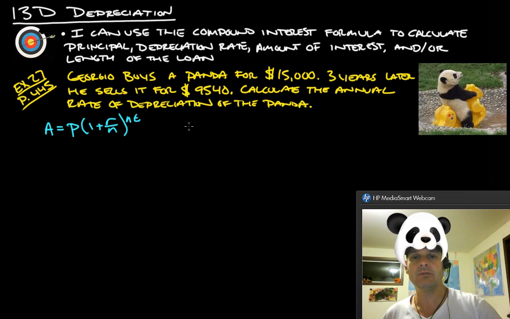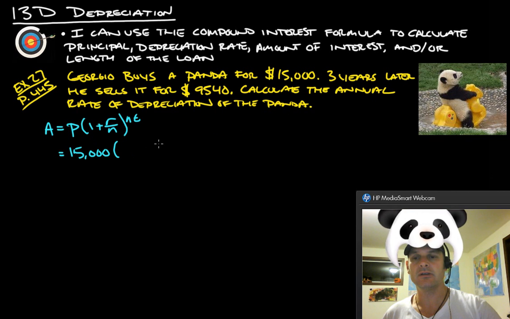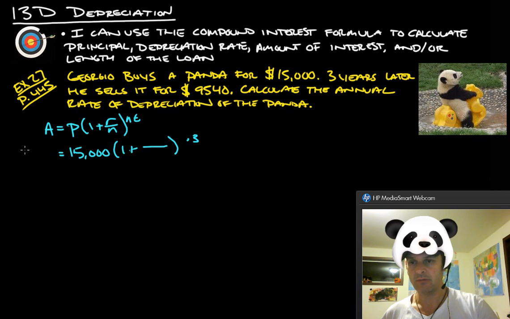So it originally buys it for $15,000, so that's our P. 3 years later, so that is going to be our t, 3 here. 3 years later, he sells it for $95.40, so that's the amount after 3 years.